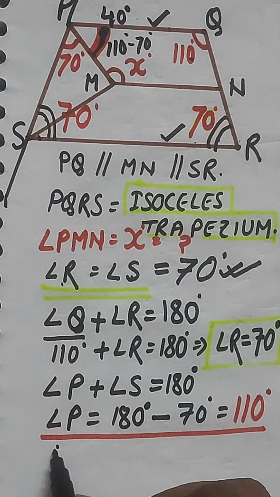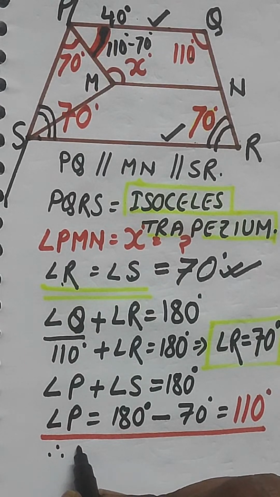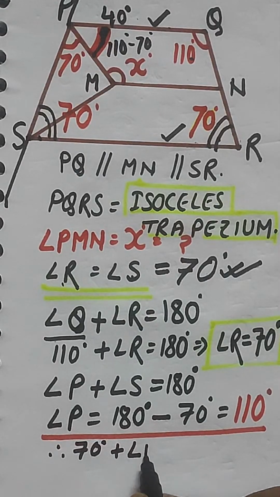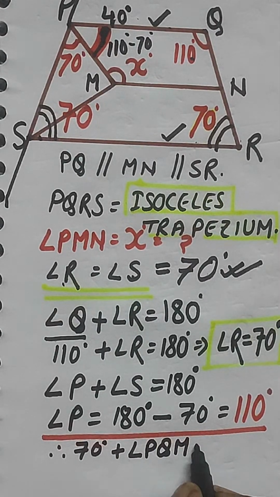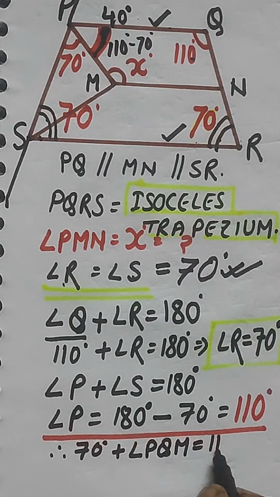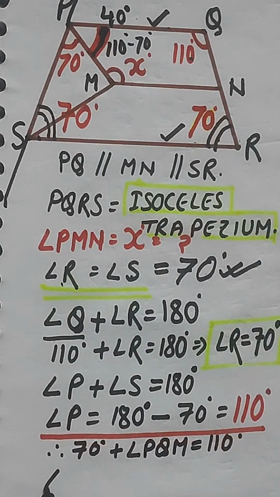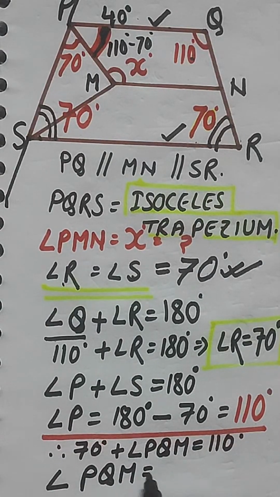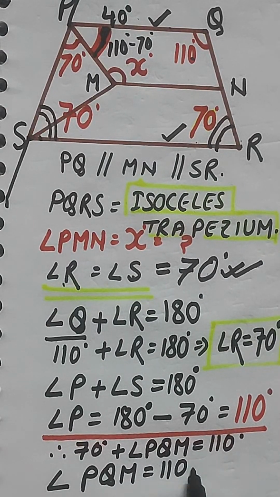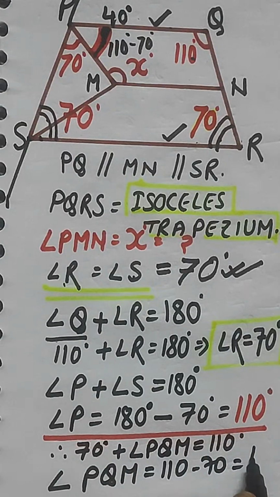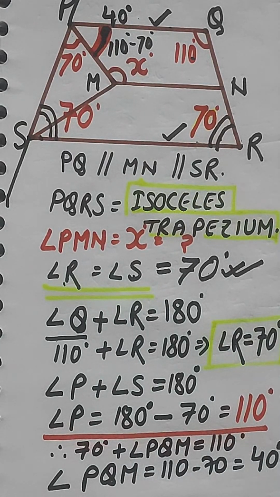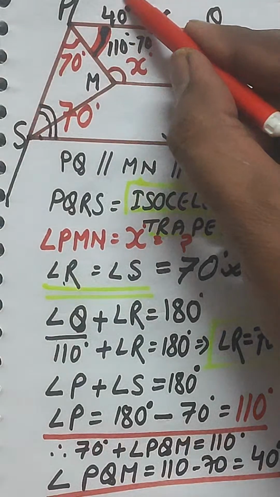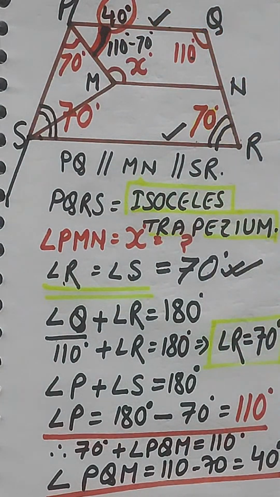So we can say that since 70 degree plus angle PQM is equal to this 110, angle PQM is calculated as 110 minus 70, which is equal to 40 degree, right? So angle PQM is 40 degree, this one.